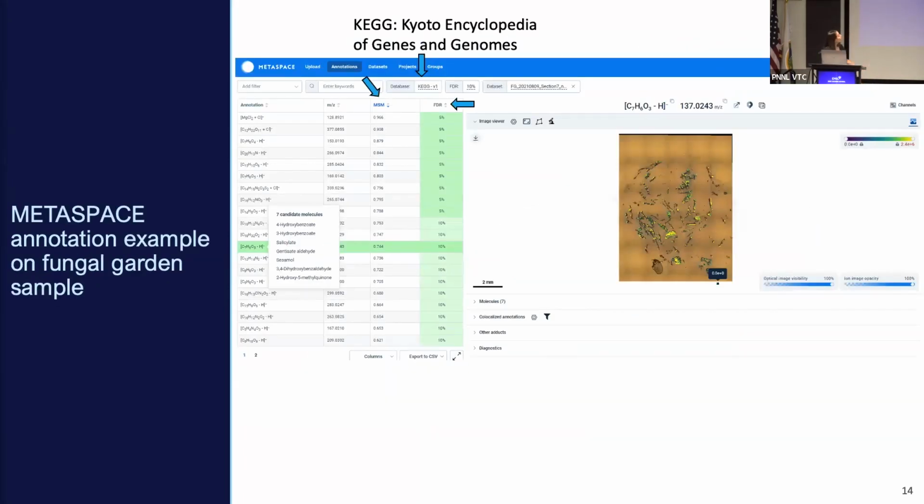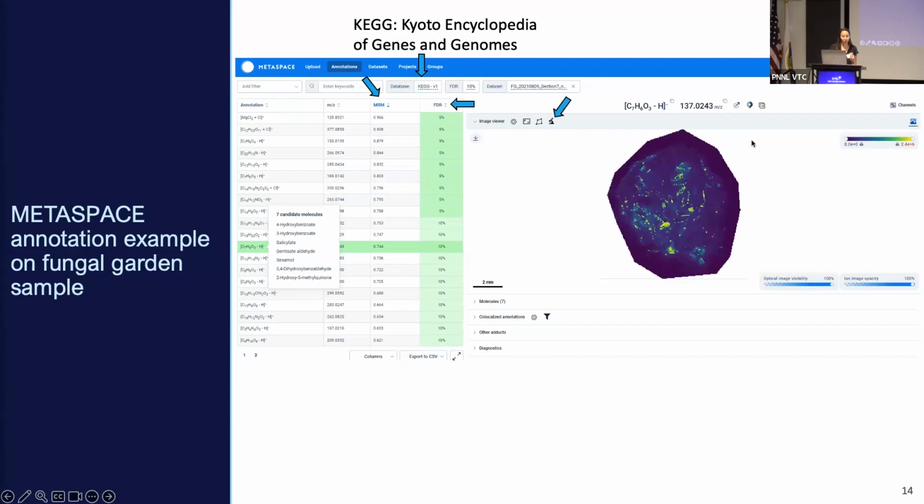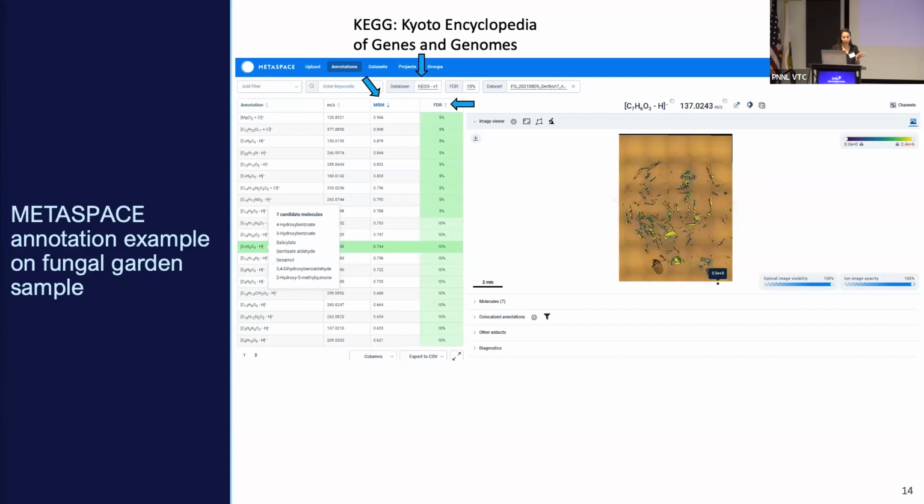So this is how the Metaspace interface looks. For our specific project, we use the KEGG database, but if you're doing metabolomics, you can use Natural Product Atlas or some other databases. If you are interested in lipidomics, you can use SwissLipids, or you can curate your own custom database. As I previously mentioned, we can overlay the ion image with the optical image, and this is how a multi-mass spectrometry ion image looks, overlaid with the optical image so we can see each feature there.